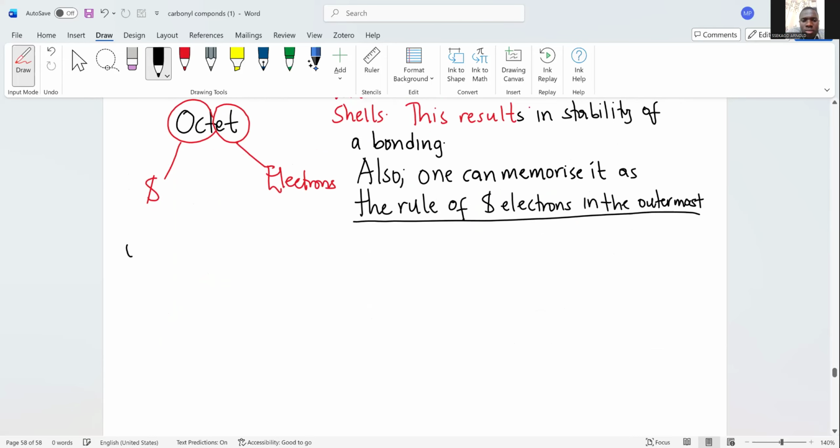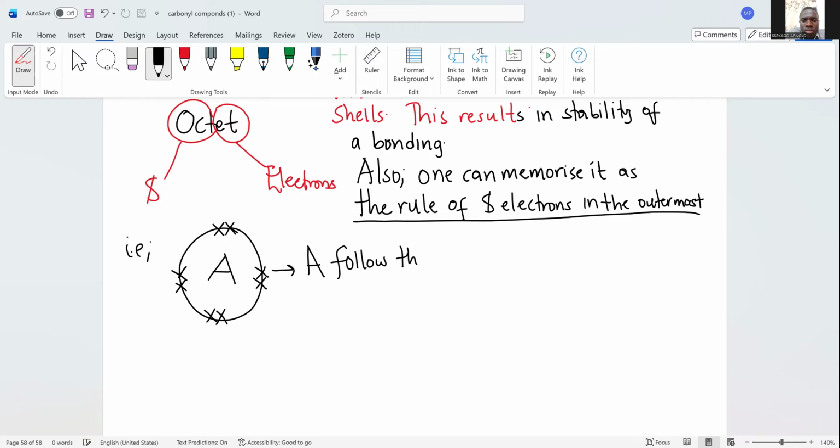For example, if I have my element A with 1, 2, 3, 4, 5, 6, 7, 8, this is what we call A following the octet rule.